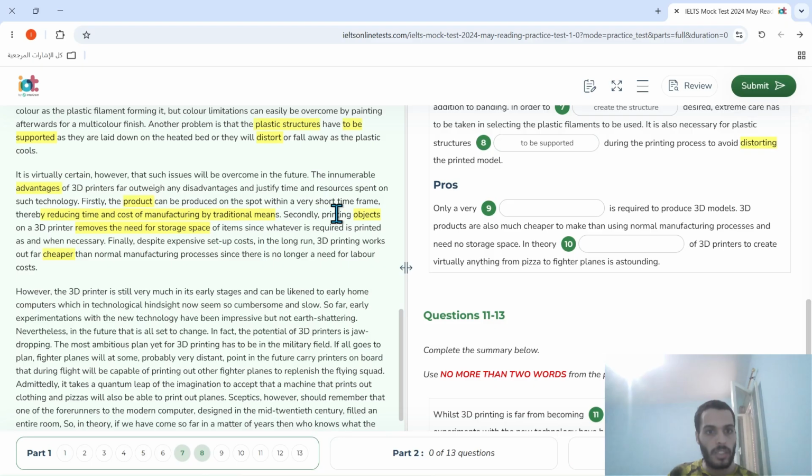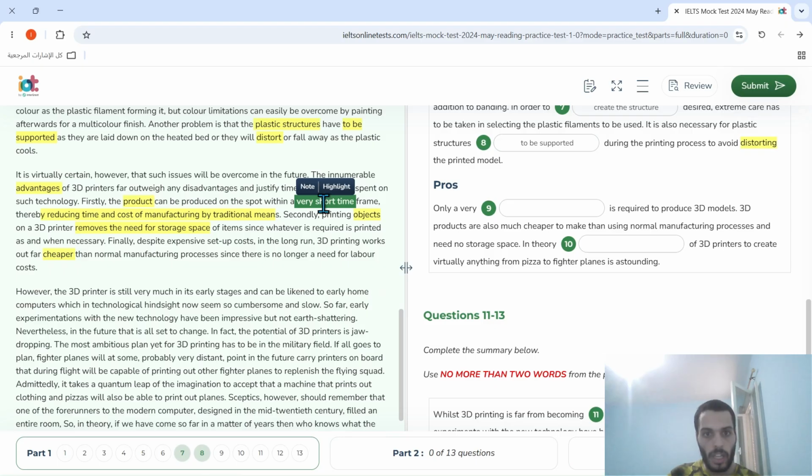A disadvantage is that renewable resources are spent on a product that can be produced on the spot, and only a very short time frame is required.